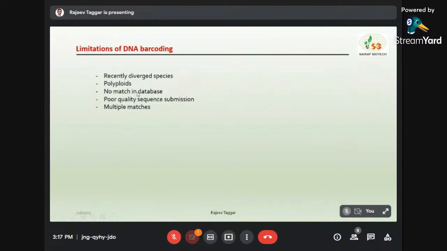Similarly, if nobody has done DNA barcoding, nobody has sequenced those DNA bits and deposited the information in the database, then we will not be able to compare with a known sample, with a known plant. So if there's no match in the database, we cannot do identification. And that is why people are all the time giving entries. Everybody wants to be famous, you see, and why not?